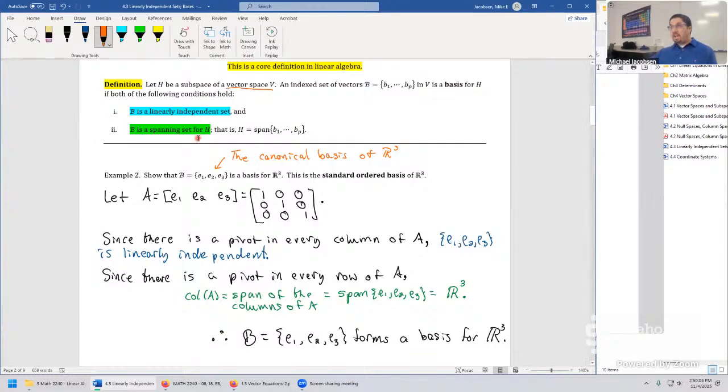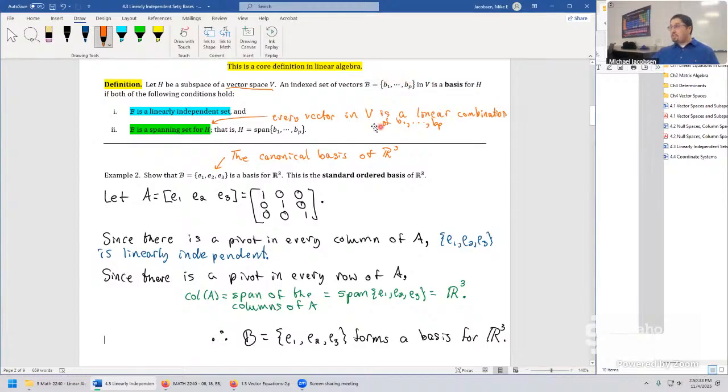Well, if you have spanning, what this is telling us is every vector in V is a linear combination of B1 through BP, these basis vectors.